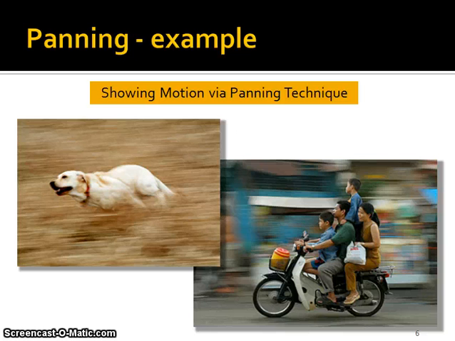So for example, the whole family here stacked on top of the motorcycle, you would move your camera along at the same speed as the motorcycle, and press the shutter button down partway through that movement, and at a medium slow shutter speed, like a 30th of a second, as you followed the family in this case, they will be fairly clear, but as you can see, the background gets quite blurry, giving this kind of implied sense of motion.